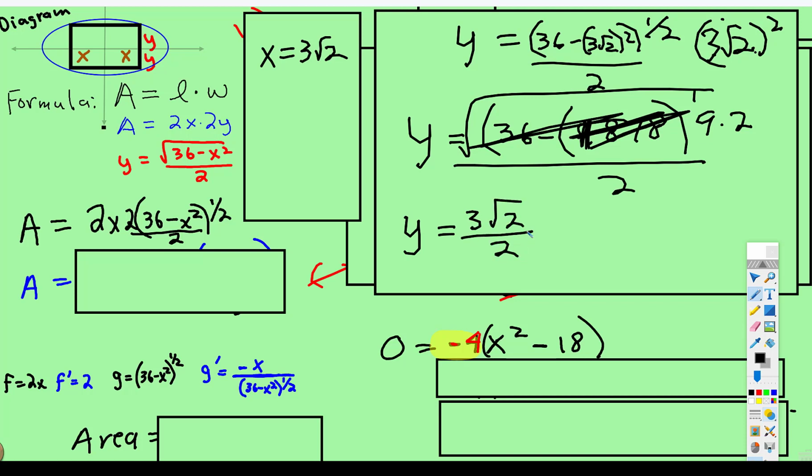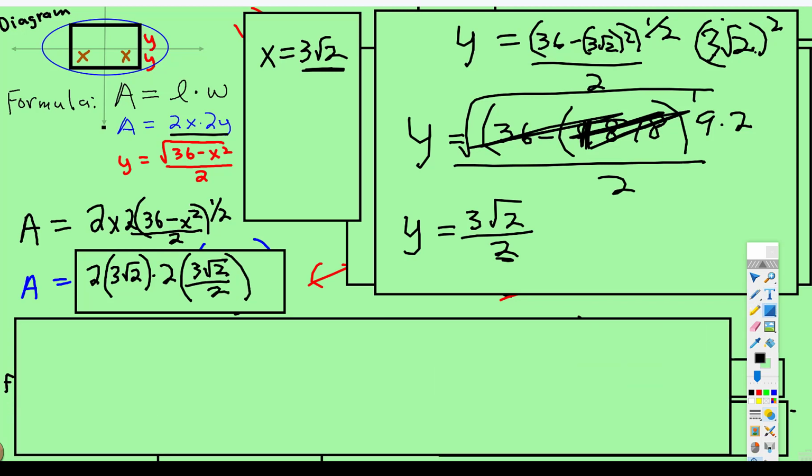So remember our original area formula was 2x times 2y. Here's our x, here's our y. So 2 times 3 root 2 times 2 times the y, which is 3 root 2 over 2. And yes, I realize those 2's cancel, but whether or not you remember that, let's just do it this way.